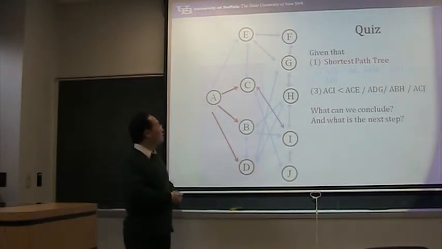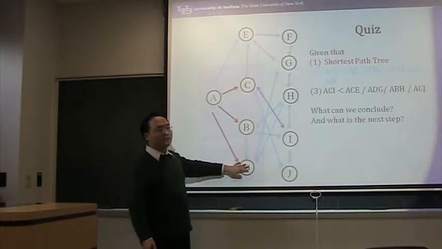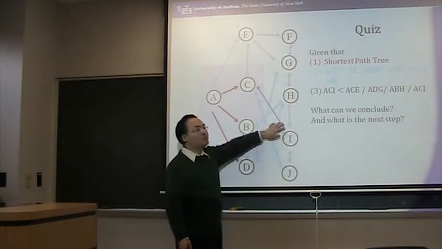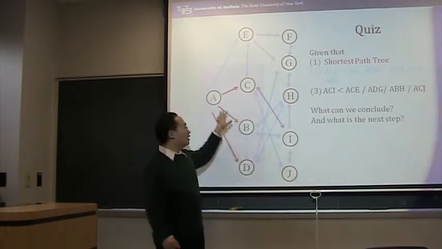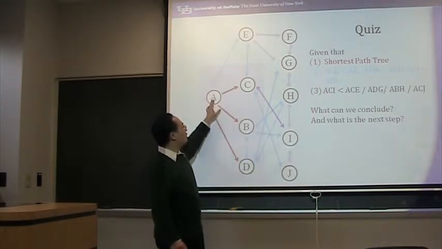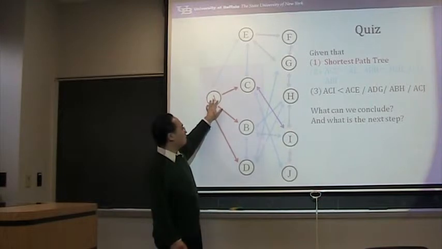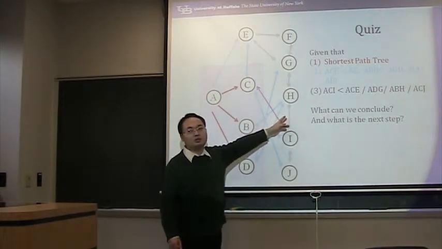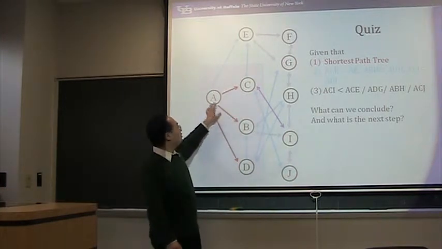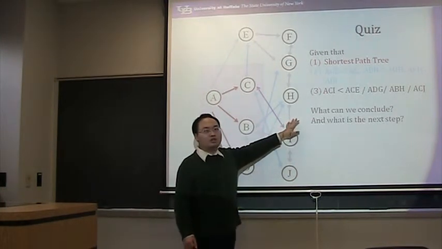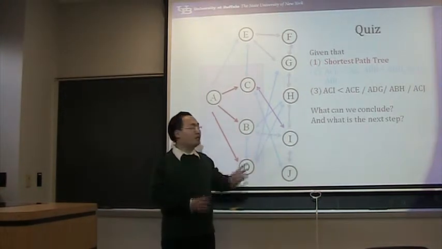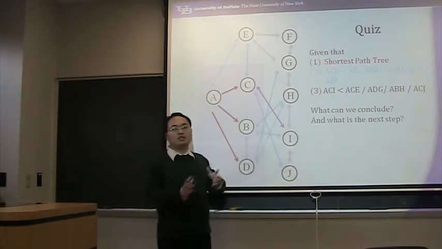So to summarize, we have a shortest path tree. According to the shortest path tree, we have some adjacent nodes, and we already know the shortest path from the starting node to any adjacent node. Then we conclude that the shortest path from A to the adjacent node will be one shortest path, and that adjacent node can be selected into the shortest path tree.